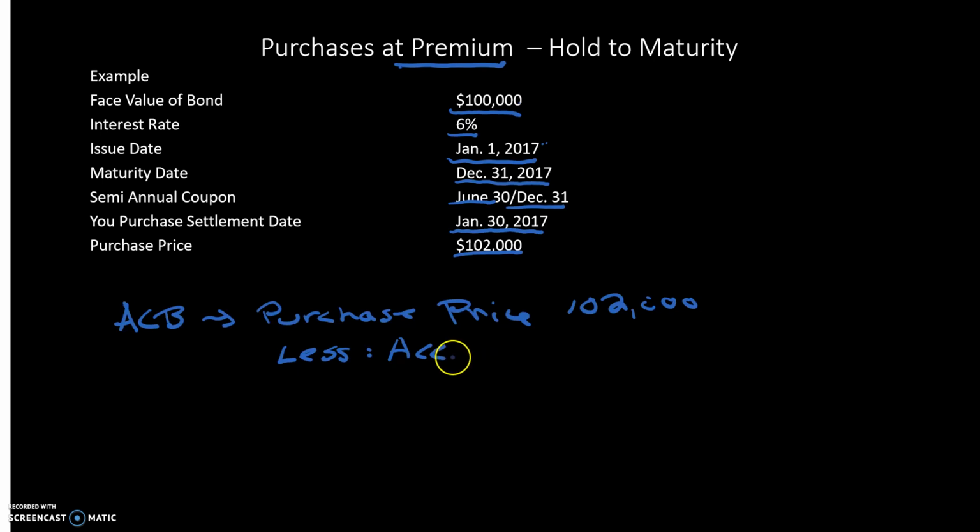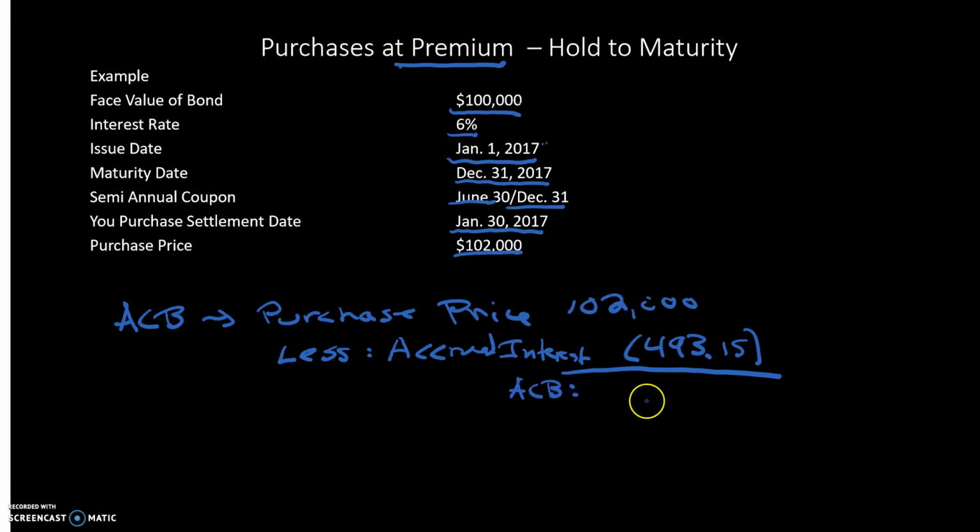So minus accrued interest, which we calculated in the previous example as $493.15. This gives us an ACB of just over $101,000. So $101,506.85 is our ACB amount that we're going to be using.